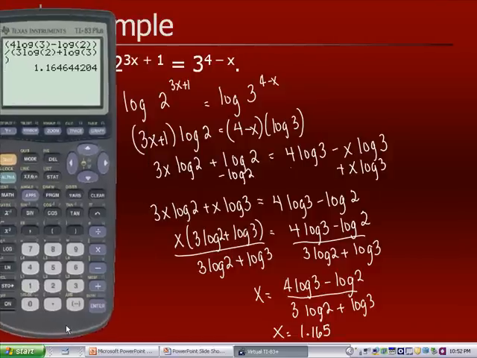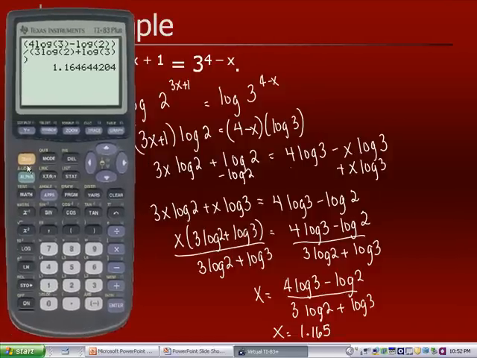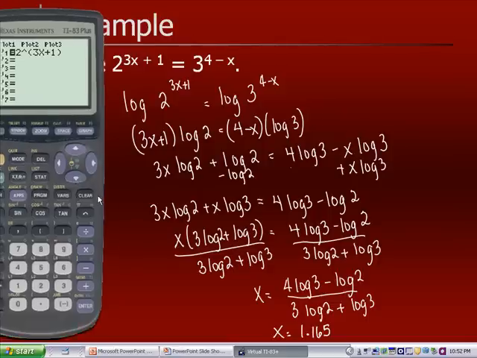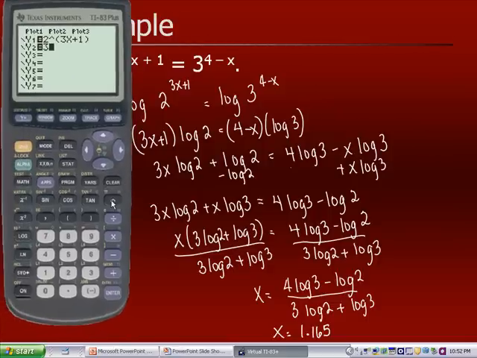1.165. Now, if we wanted to check this on our calculator, we could go back and do y1 equals 2 to the power of, then in parentheses, 3x plus 1. And then y2, the other side, we could call that 3 to the power of, in parentheses, 4 minus x.